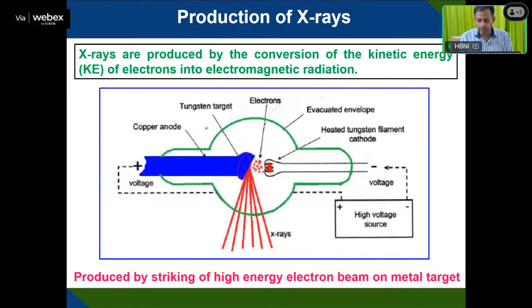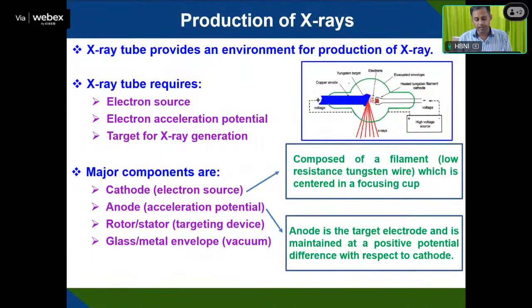From the tungsten filament, electrons will come and fall on the tungsten target, and from this target, X-rays will be generated. The whole thing is kept at a proper potential so that the X-rays can be taken out. So mainly it's produced by striking a high-energy electron beam on a metal target.